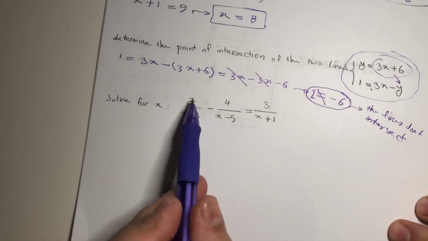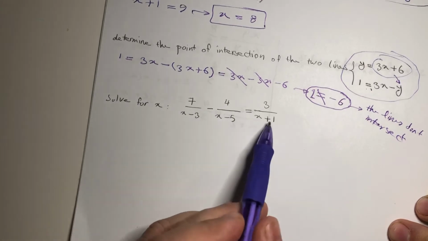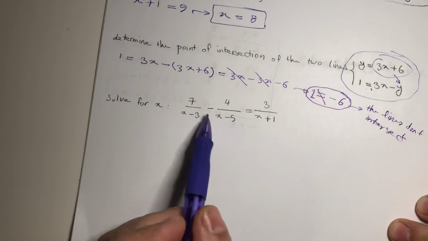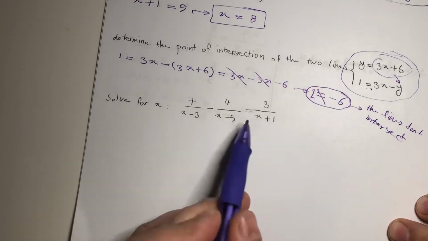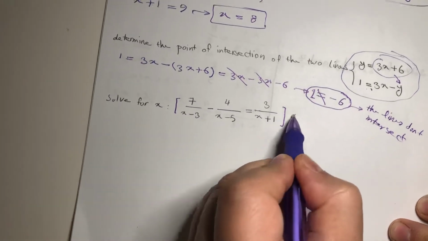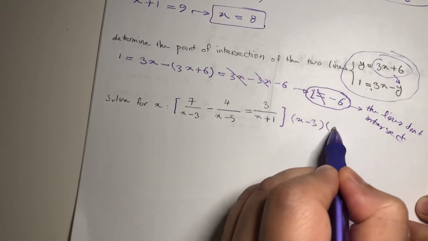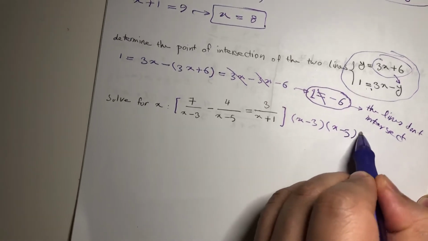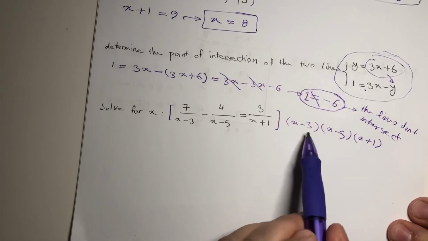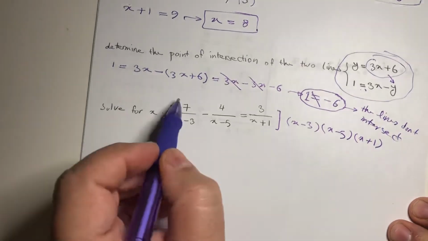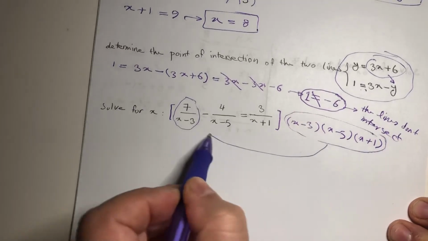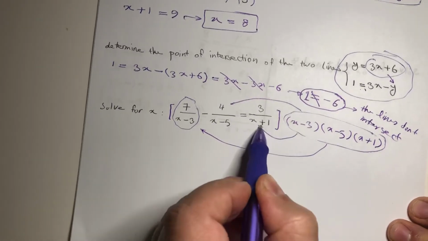Okay, we have another example here which looks a little complicated, but actually is not. We follow the same rules that we have. We want to get rid of these denominators first. How do we get rid of this? We can multiply both sides by x minus 3, x minus 5, x plus 1. If we multiply this one by this, we distribute it like this.